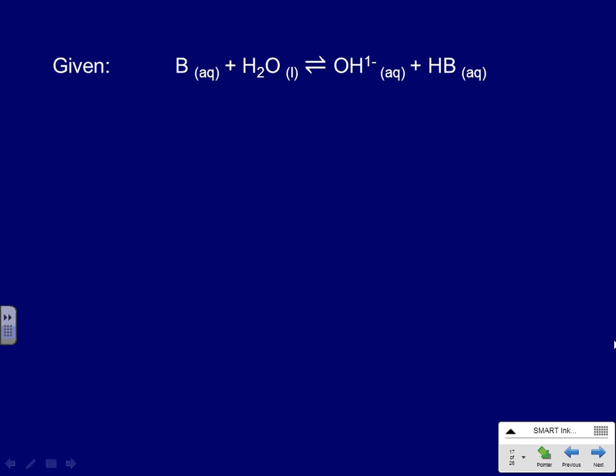So if we're dealing with a generic base, again, because it's in pure water, I'm dealing with some initial concentration of B, 0, 0, it's in pure water, minus X, X, X, initial concentration of B minus X, X, X.